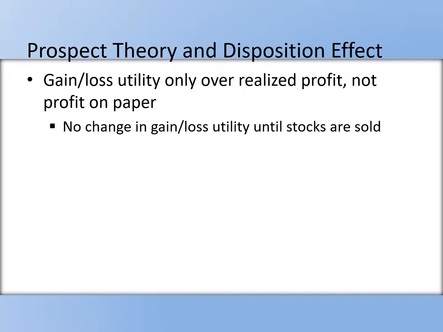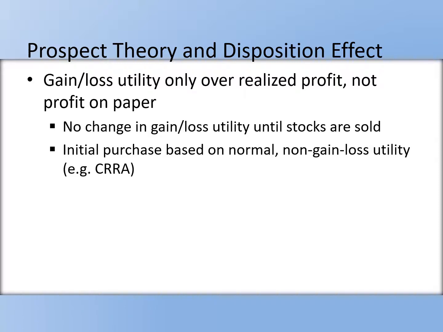As long as you haven't closed your position, as long as you haven't actually traded, then you don't experience any gain-loss utility. Now, if you are confining gain-loss utility to the time of trade, then you need another utility function that an investor relies on when he buys things, right? Because he only experiences gain or loss when he sells things. Then what does he do when he buys things?